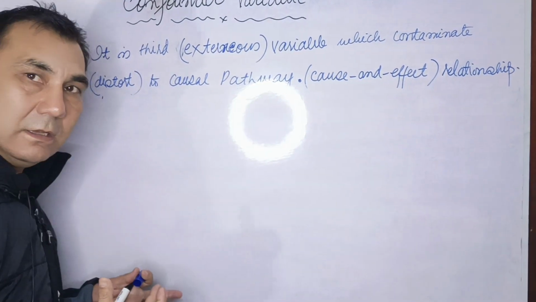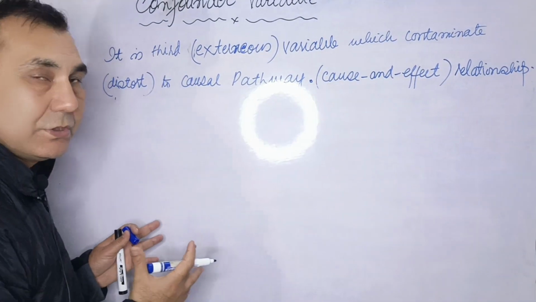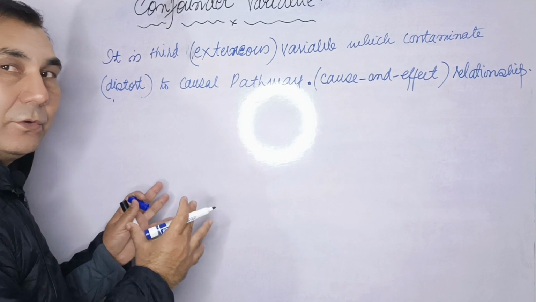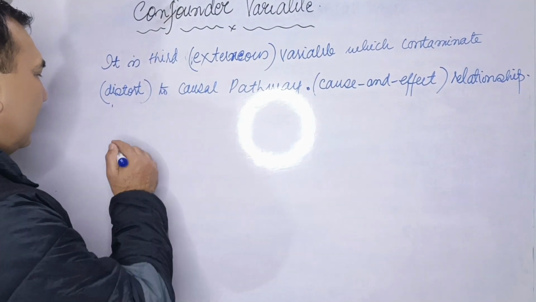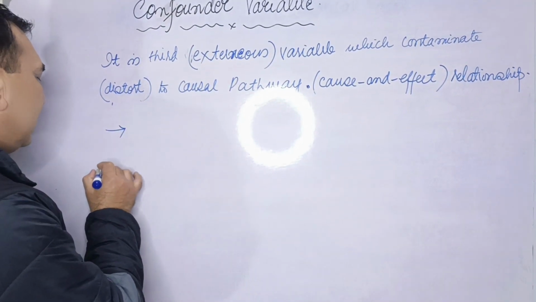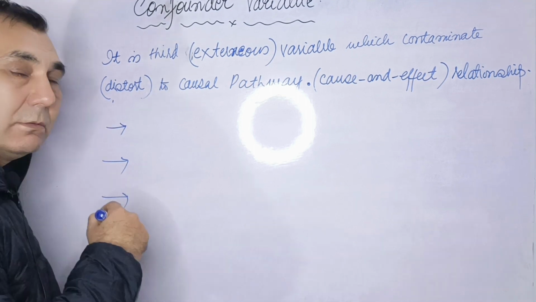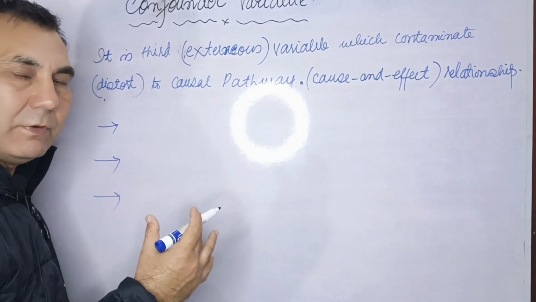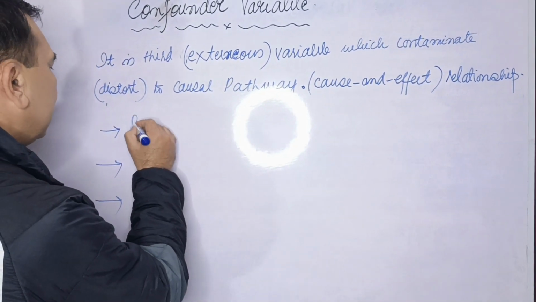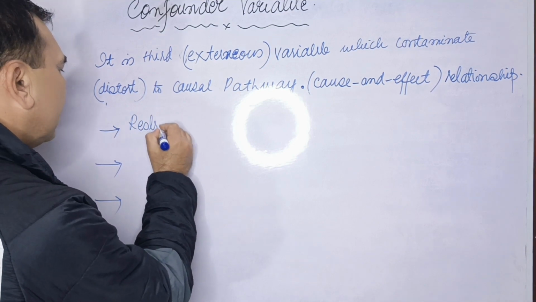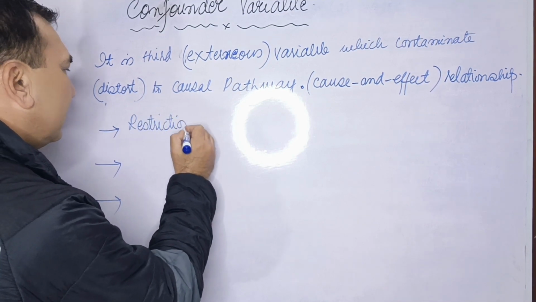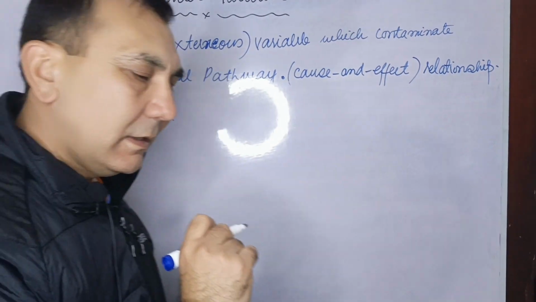Now the question arises, how can you control the confounder? For this we have 2 to 3 methods by which you can control it. The first one is restriction.